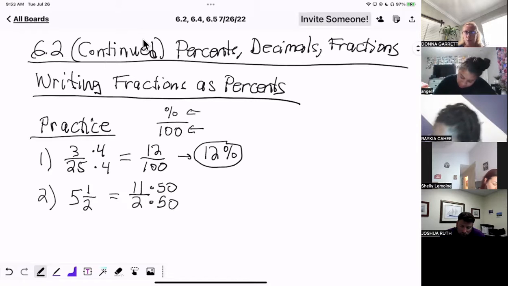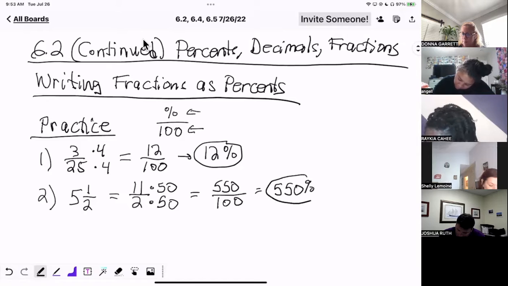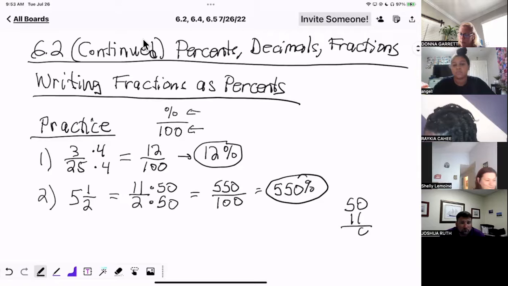It's going to be a percent bigger than 100, which is fine. So we have 100. And then 50 times 11 is 550. So my percent is 550%. Let me make sure that's right. Yeah, it's 550. Yep.